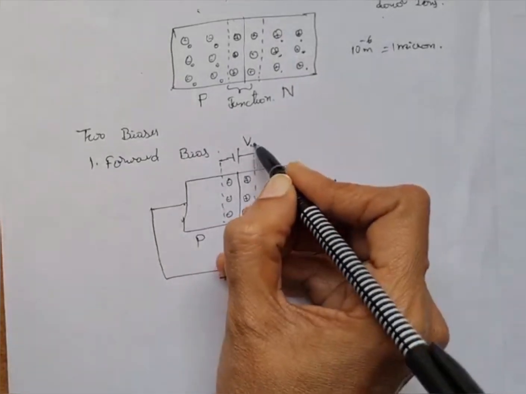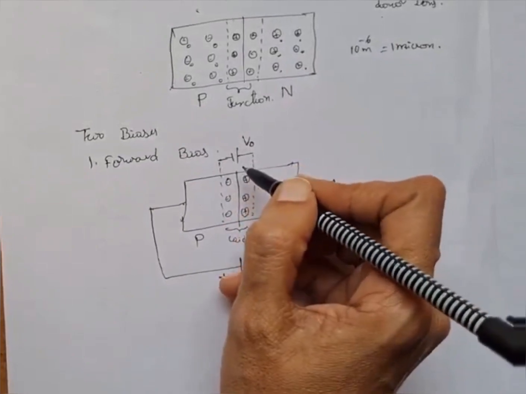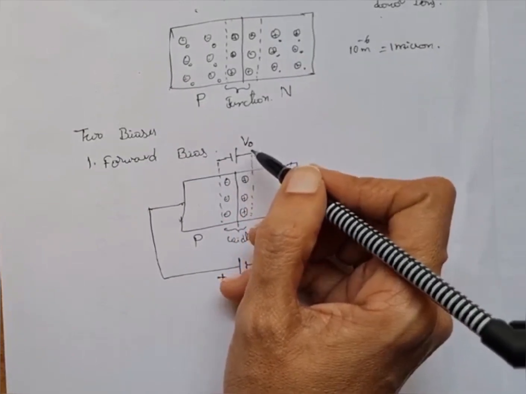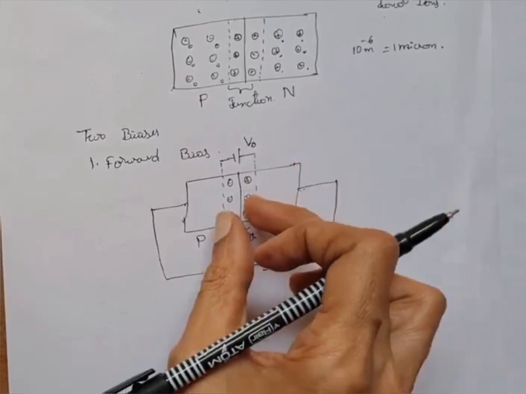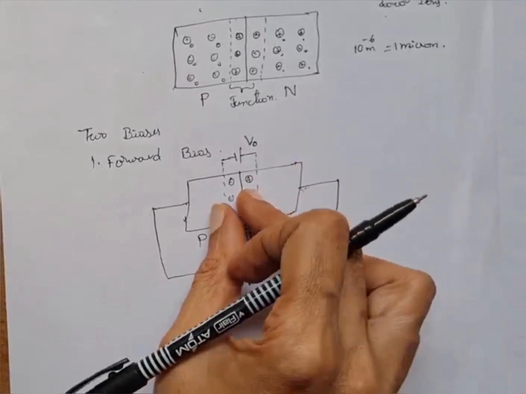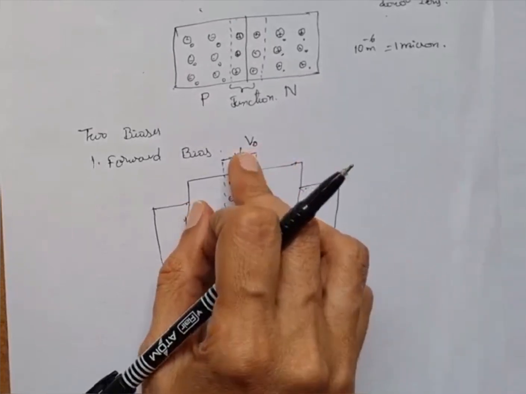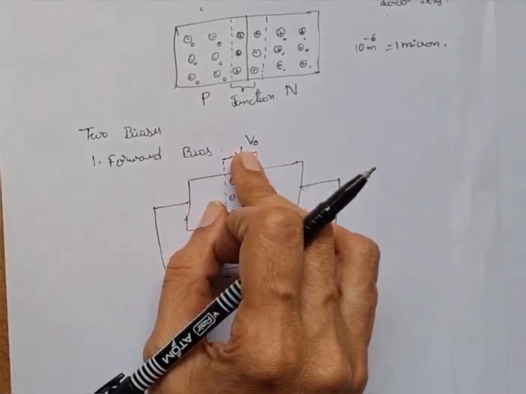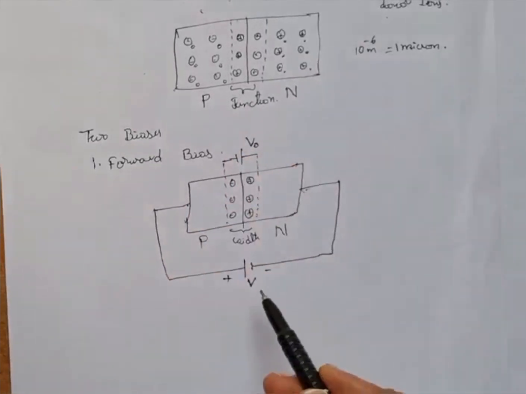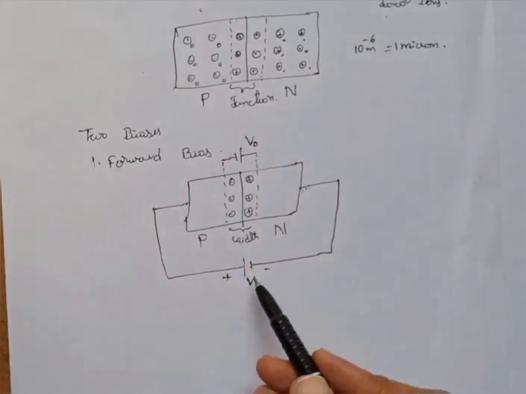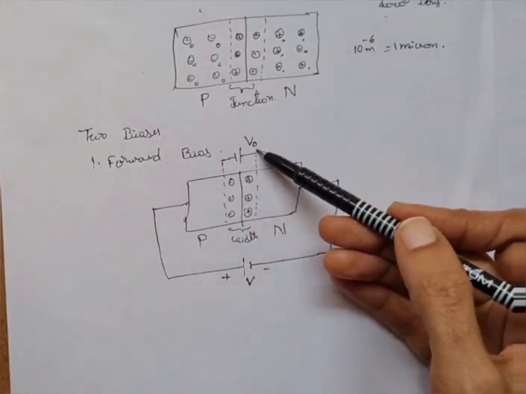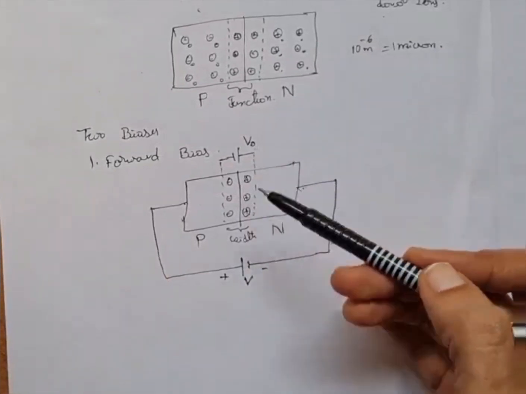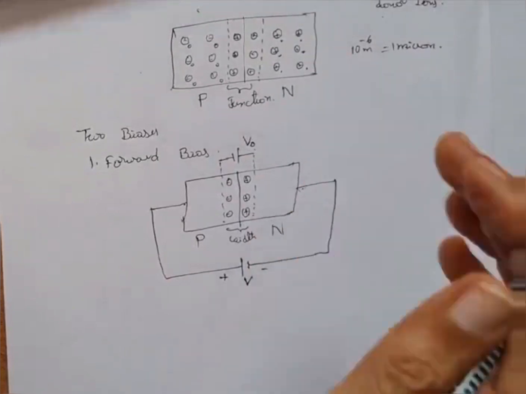Internally, there is what we call the potential barrier voltage. This barrier width has some voltage, called the potential barrier voltage. The applied potential from the external battery acts in opposition to the internal potential barrier and it disturbs the equilibrium.